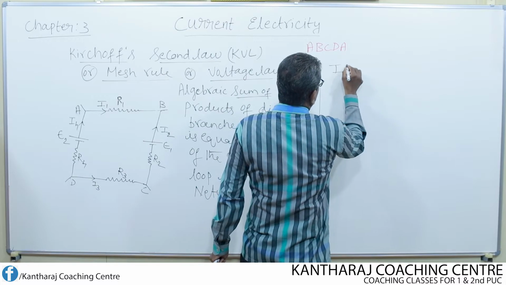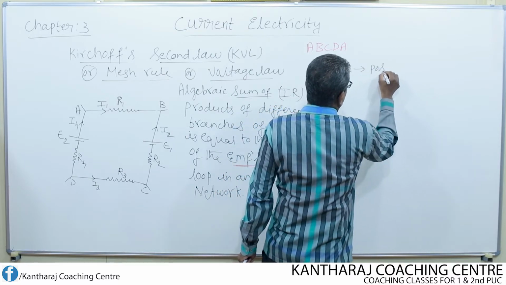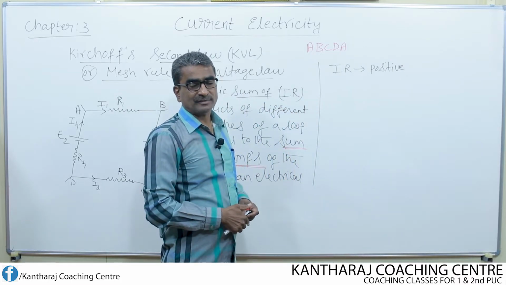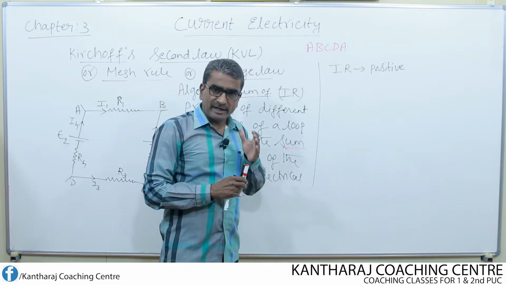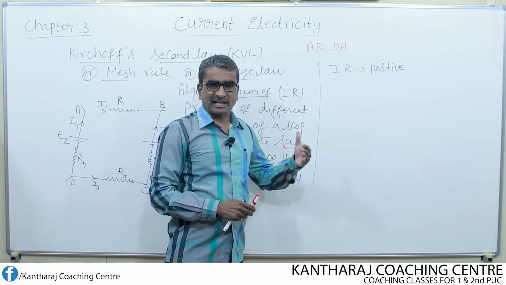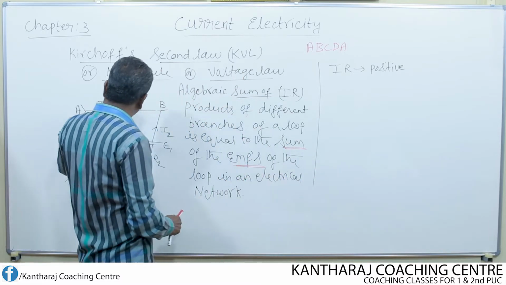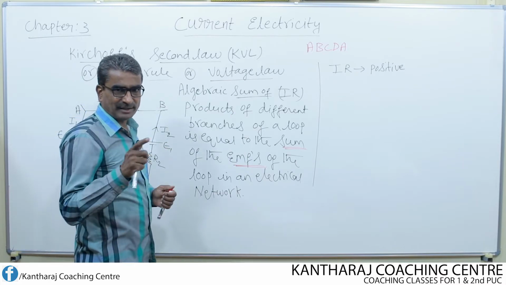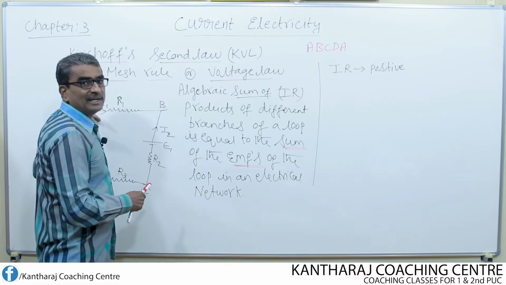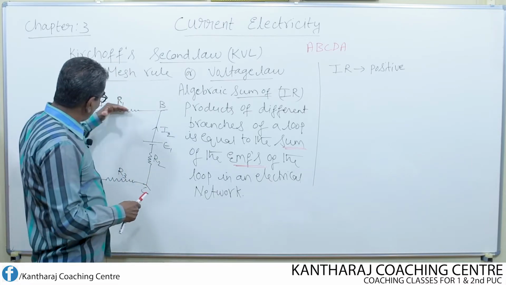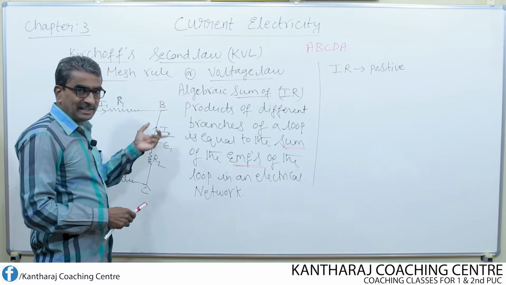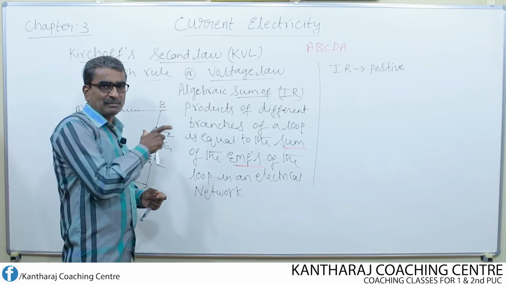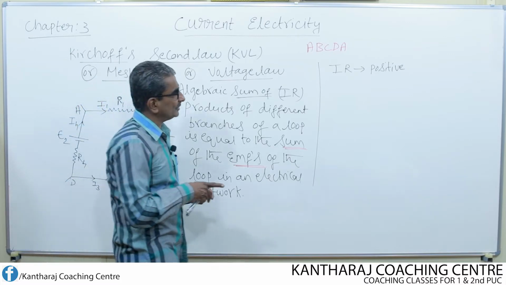IR product is taken as positive when we traverse along the resistor in the direction of current. I repeat again, if we traverse all along the resistor or conductor in the direction of flow of current, then the IR product of that branch is taken as positive.